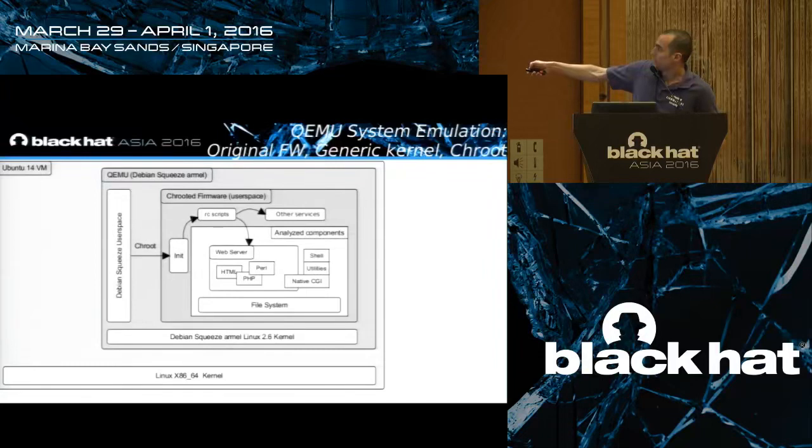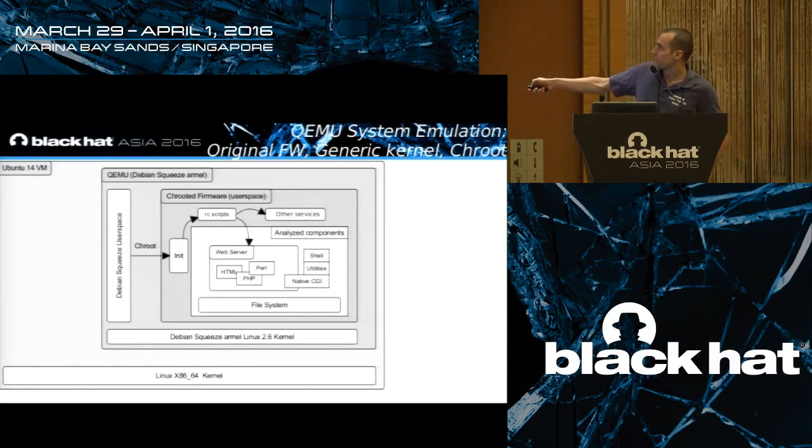What we are interested in is that the RC scripts will start the web server with all its document root components. Interestingly, some web servers will have native CGIs, which are binaries for ARM, MIPS or PowerPC that execute something on the device or in the emulator and return an HTML response.